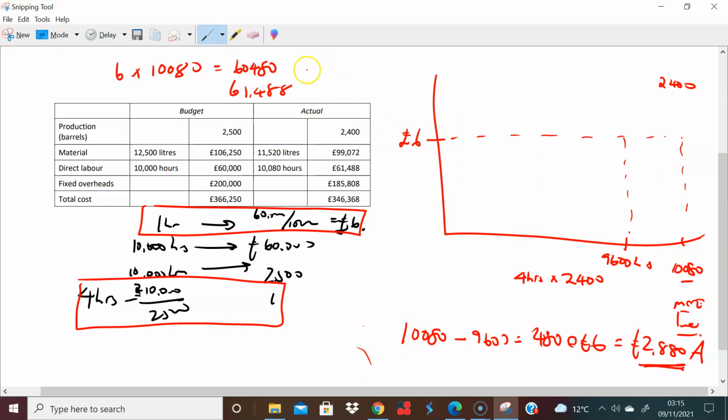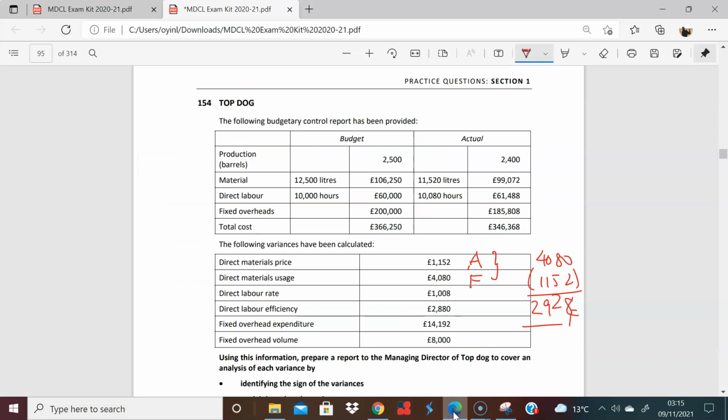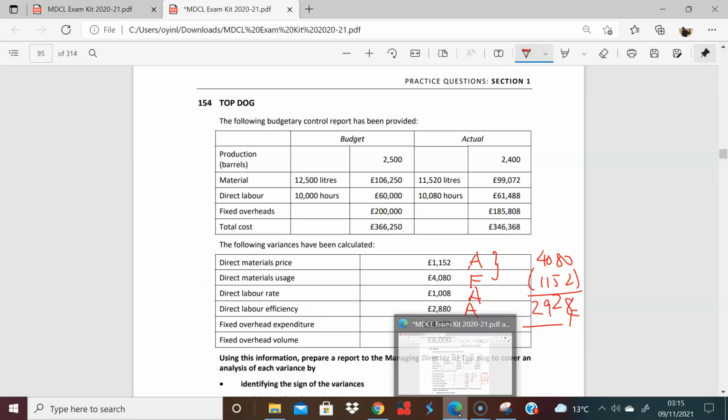So you have an adverse rate variance as well: 61,488 minus 60,480 is 1,008 adverse. Let's go back here and confirm our figures. Yes, our figures look exactly the same. These are both adverse.